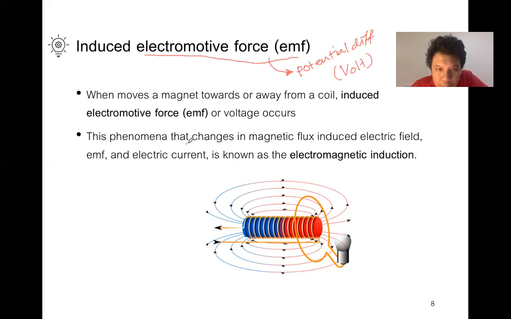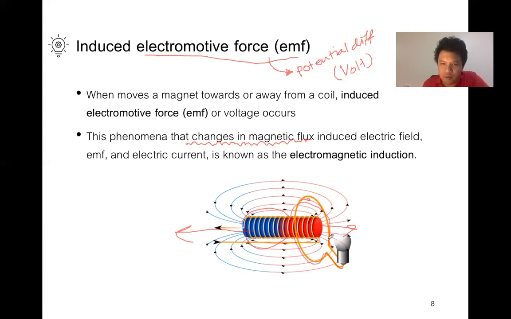So the main idea is that changes in magnetic flux induce an electric field. How are we changing the magnetic flux in this picture? We change the magnetic flux by moving the coil in or out. Moving the coil in, you can see a different number of magnetic field lines passing through this coil.